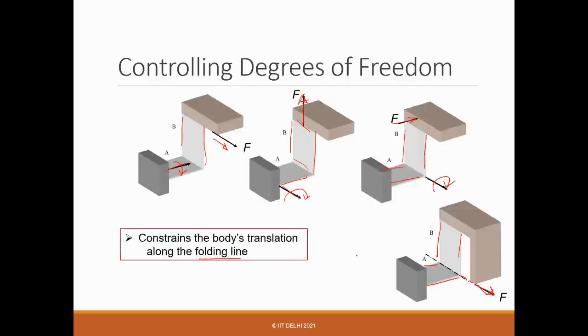That's very important. You should remember it constrains along the folding line. What is good about this is compared to, suppose you take this member and you take this member. So this, if I have to make, I can say it is like this.